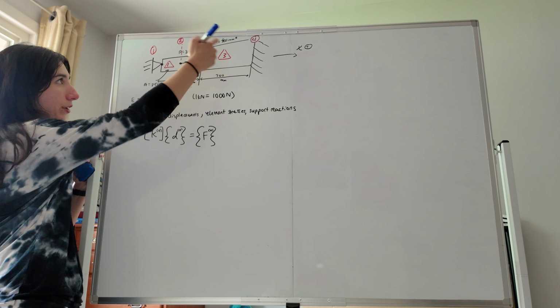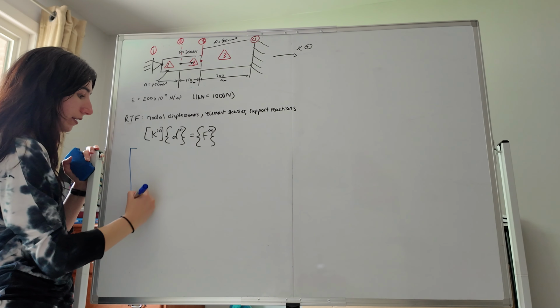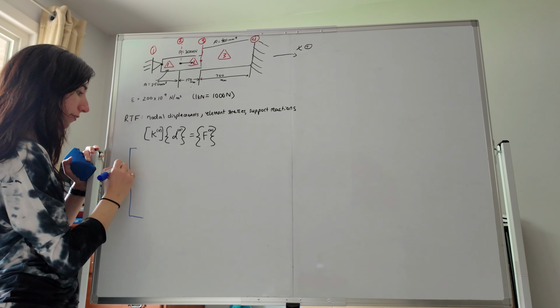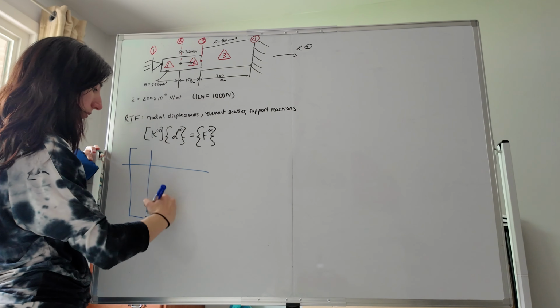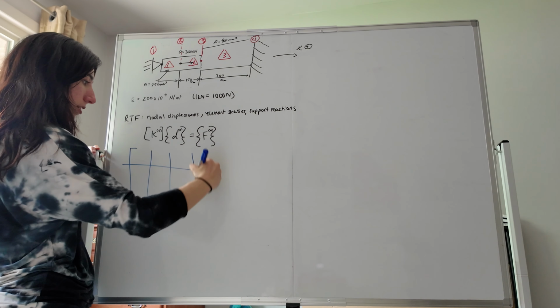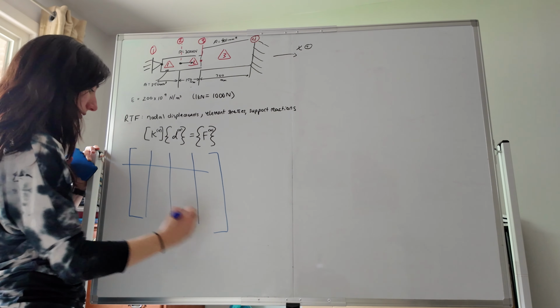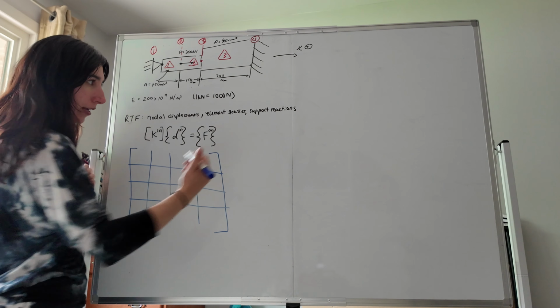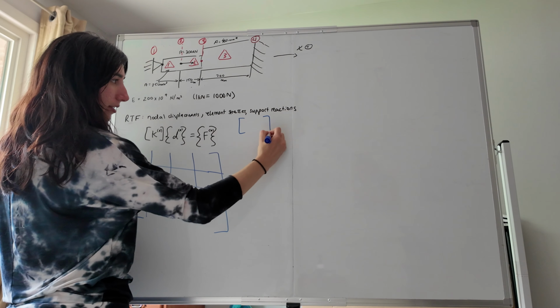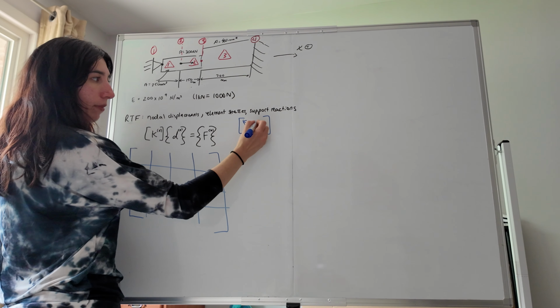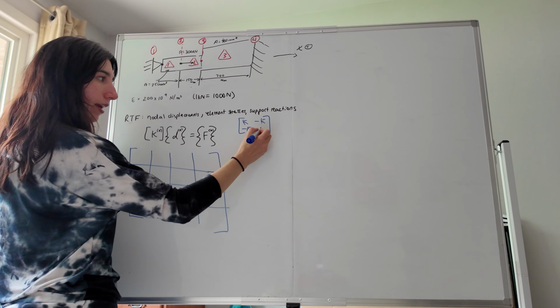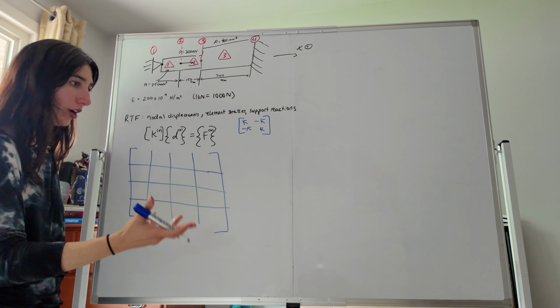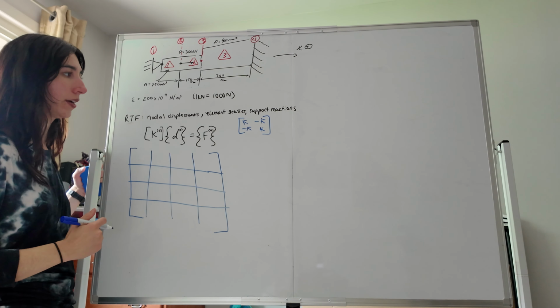So from the amount of nodes that I have, I know that my stiffness matrix is going to be a 4x4 matrix, so I like to add some lines to help me organize it. Now, if you're familiar with springs, our spring stiffness matrix had the form of K, minus K, minus K, K, where K was our spring constant, or stiffness of the spring.